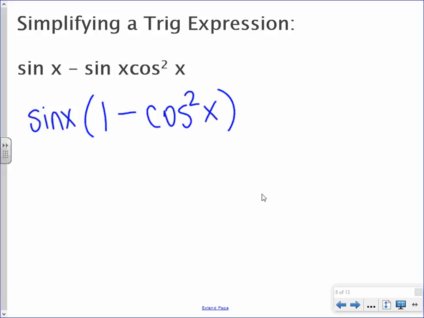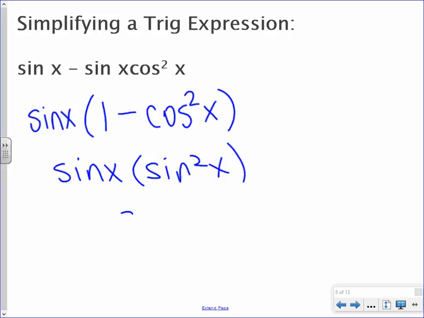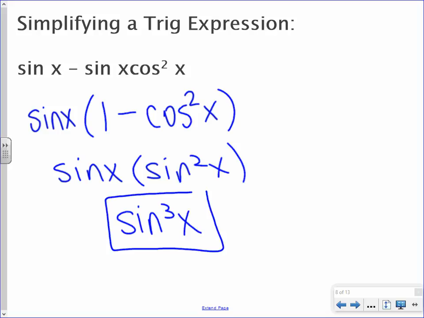What can we replace that with? Sine squared. Okay, so ultimately we can say that this is sine cubed x. And that is a much simpler expression than what we started with, which is our goal.